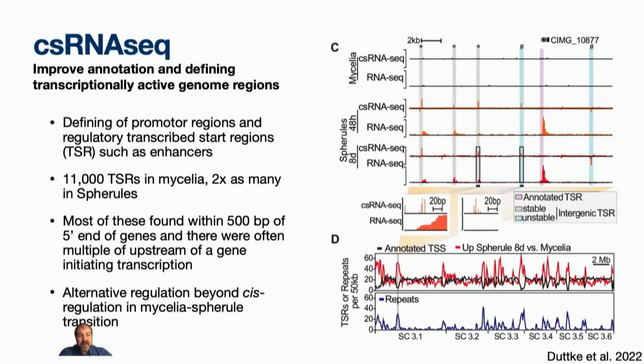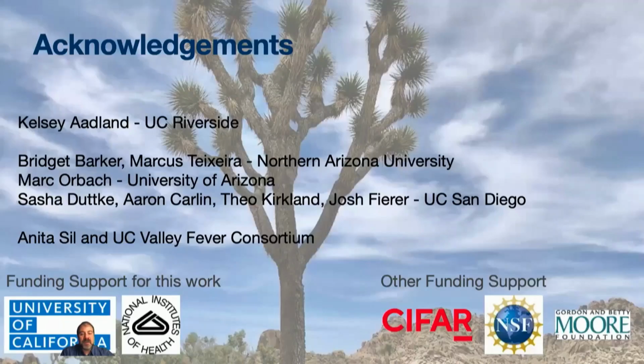But this work is able to define these promoter regions much more accurately, to this very high resolution, and identify the potential that there's additional or alternative regulation besides just cis-regulatory motifs in controlling transcriptional regulation in this transition from mycelial to spheruleal. Again, having these genomic resources and these browsers and these tools are all critical to being able to investigate and start to build more functional interpretation.